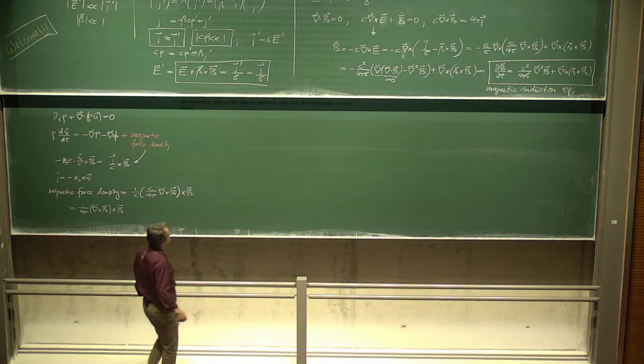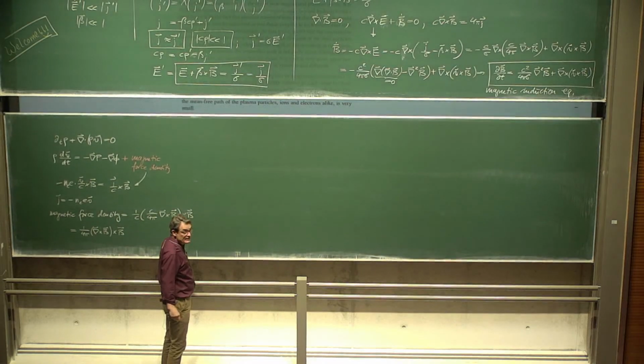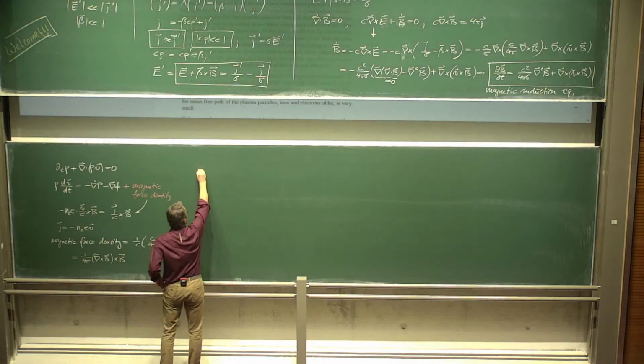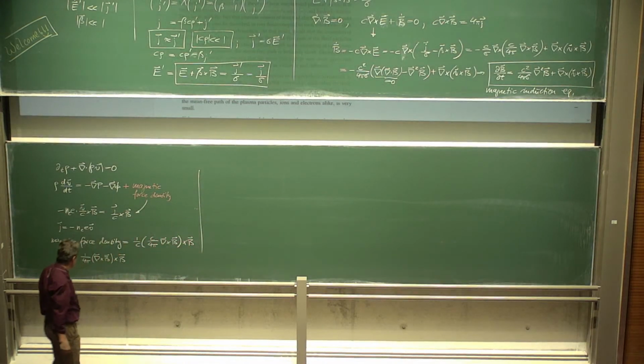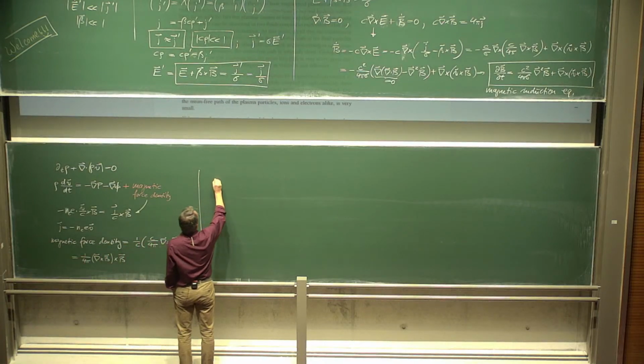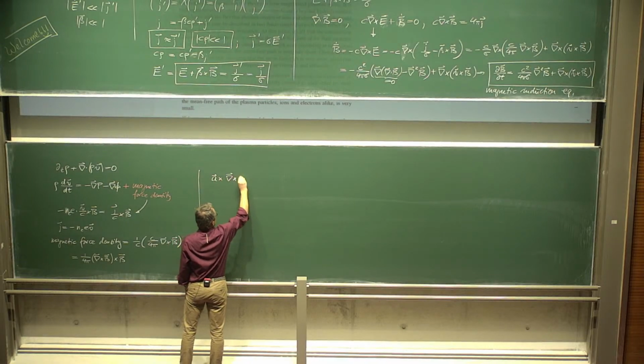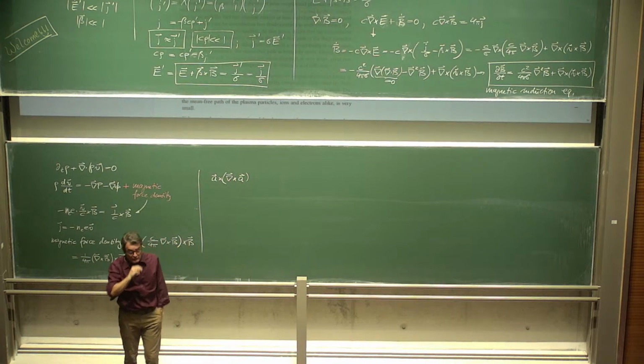But let me remind you of an expression that we had made use of in hydrodynamics, namely that if I take a vector field A and I take the vector product of that times the curl of itself, right?